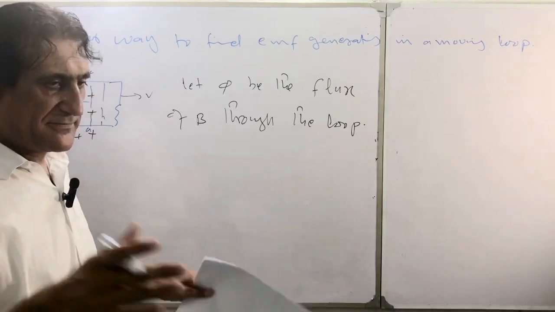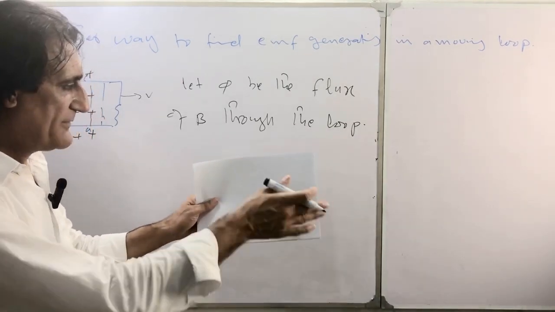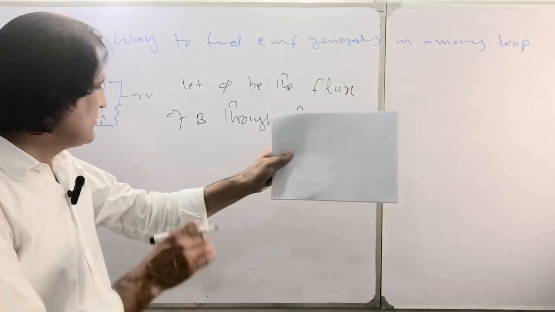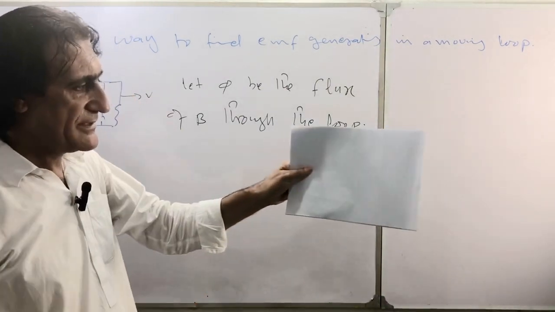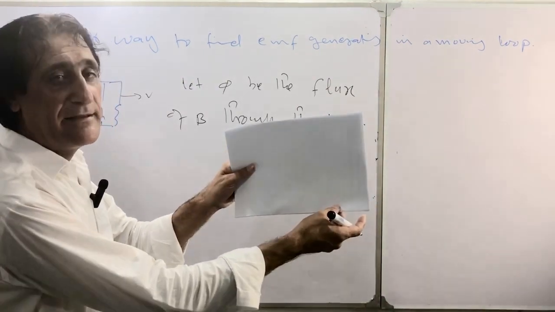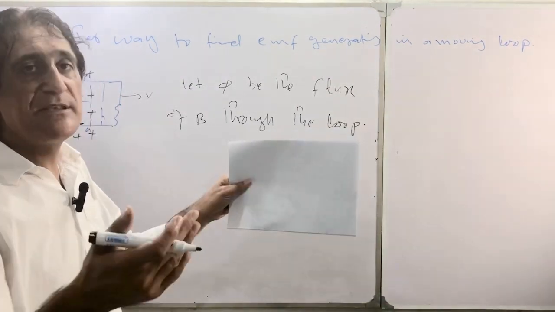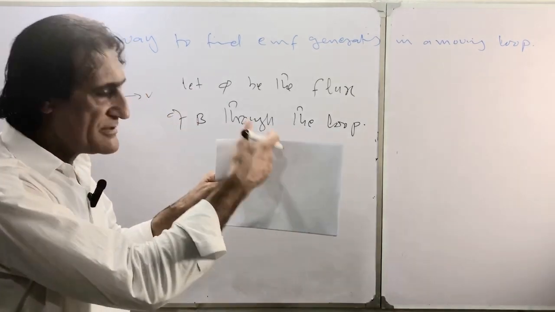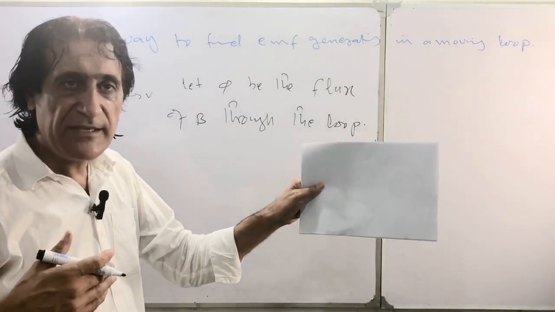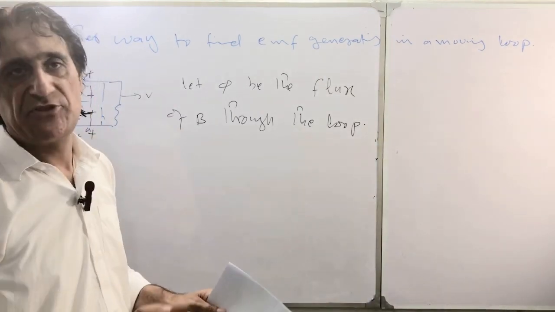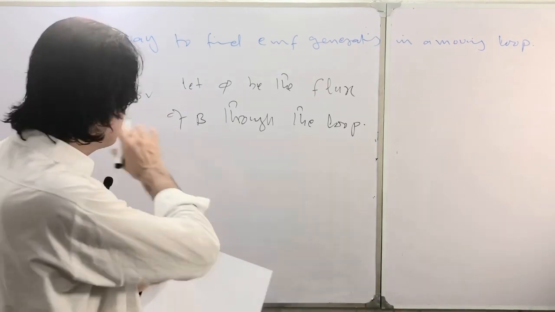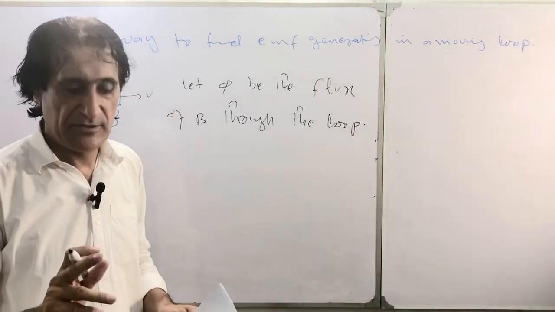This is a magnetic field, and this is the loop which is moving in this direction. So if it is moving, then the flux, meaning how many magnetic lines pass through this, must change. If it is moving with velocity v, the number of lines passing through this loop must change.